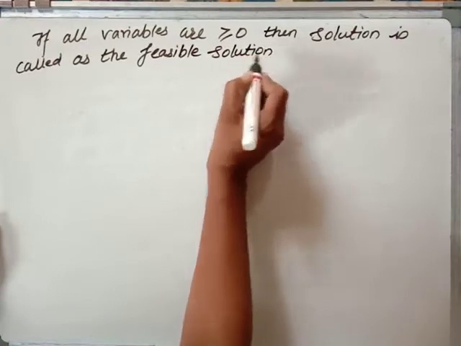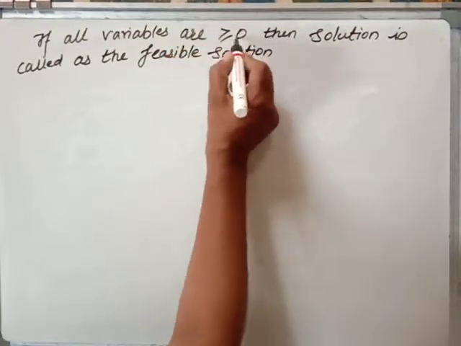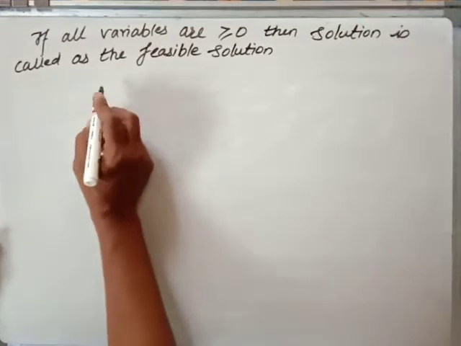Means all basic as well as non-basic variables are greater than or equal to 0, then that is a feasible solution.